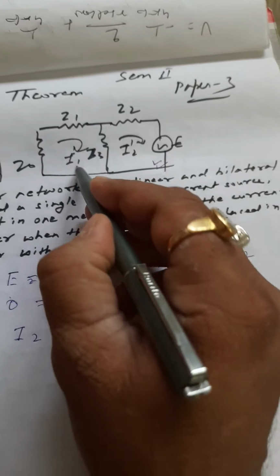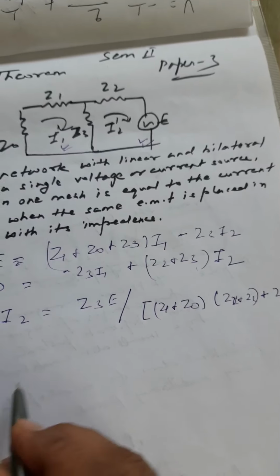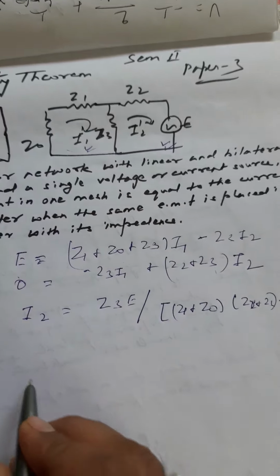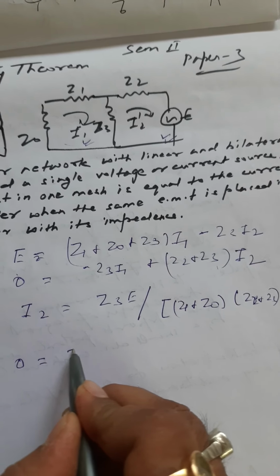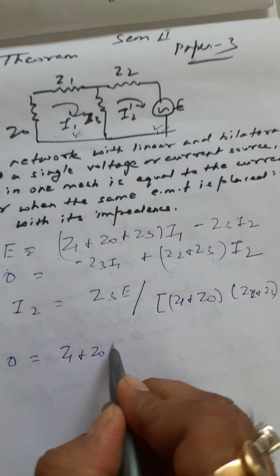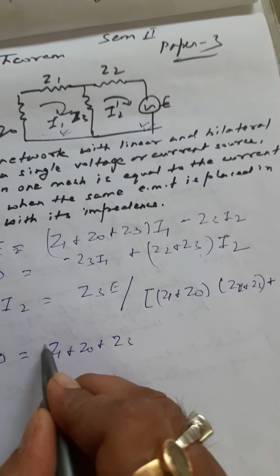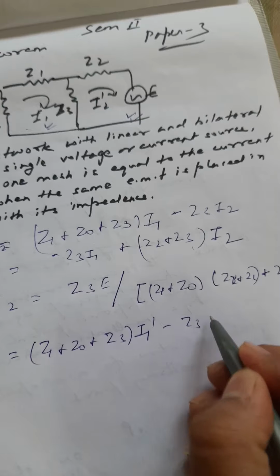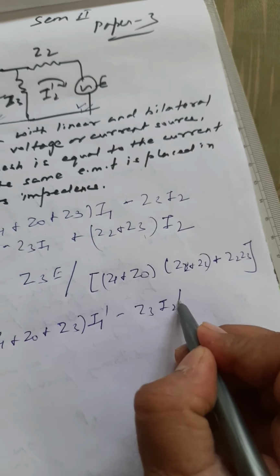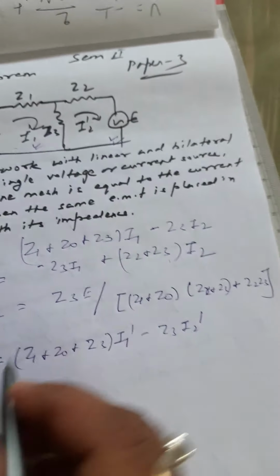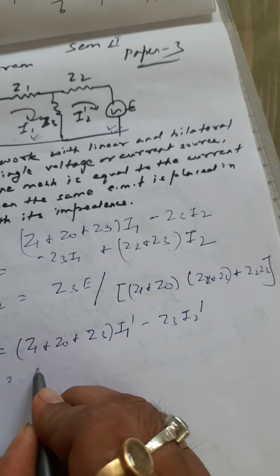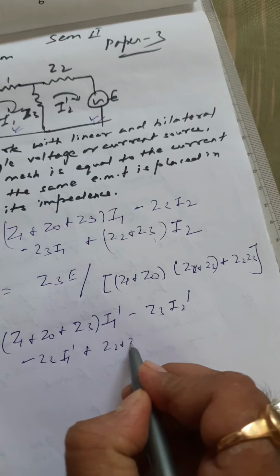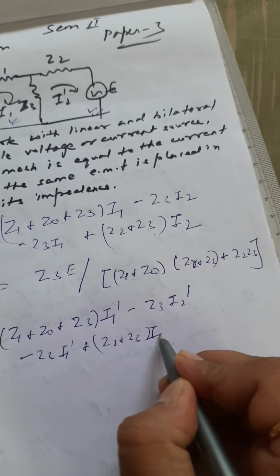Similarly we'll look into the other mesh. Again we'll use Kirchhoff's law, and for the first loop we write 0 equal to Z1 plus Z0 plus Z3 into I1 prime, minus Z3 into I2 prime. And for the second loop, E will be equal to minus Z3 I1 prime plus Z2 plus Z3 into I2 prime.